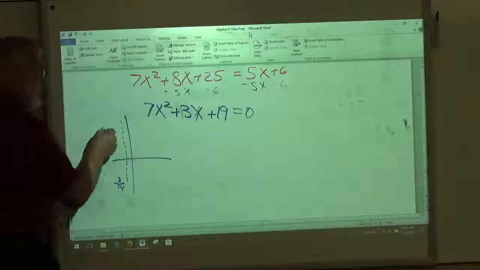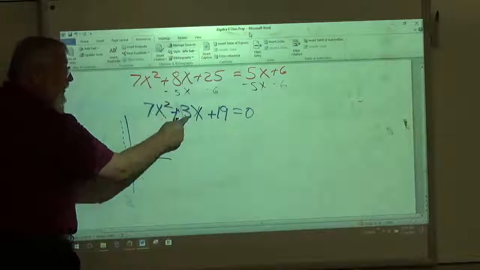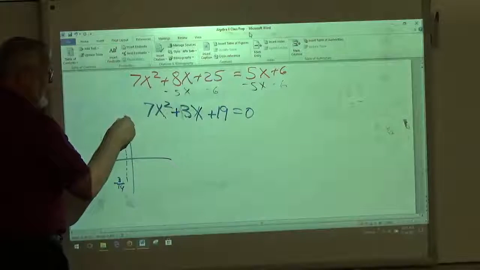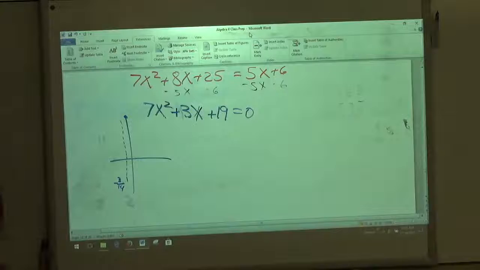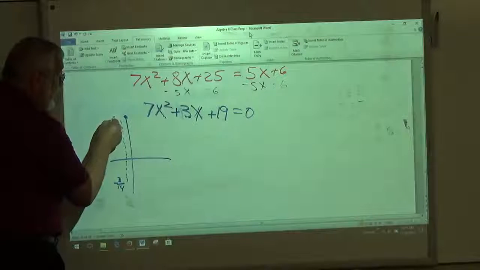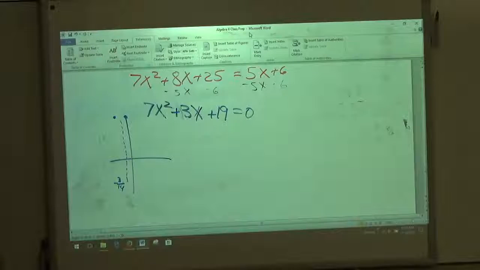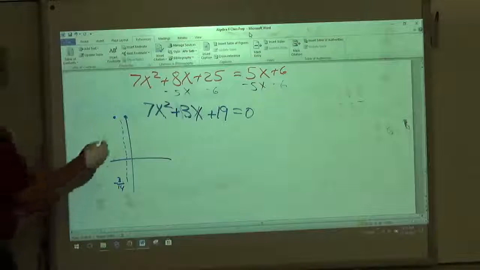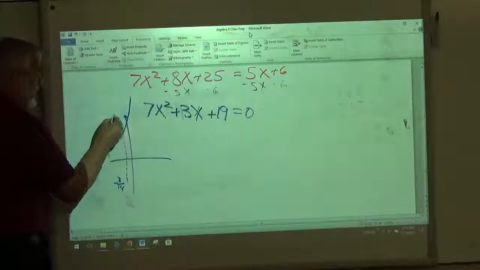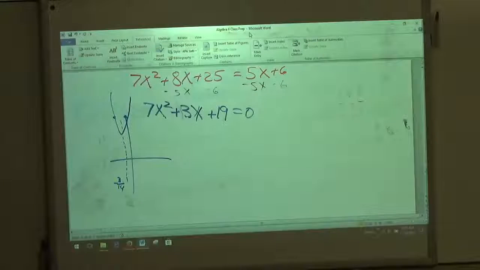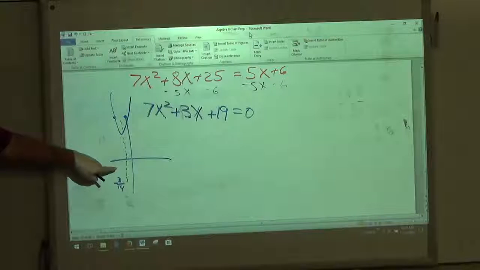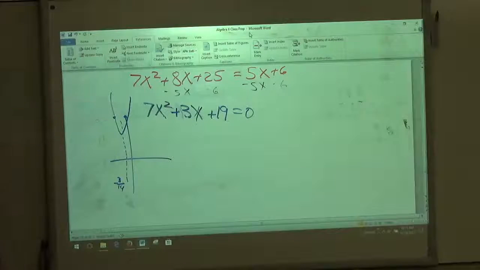Okay? And so now, if you have a 0 here, and you have plus 19, that means the other one's right here, because remember, these two are the same distance from the vertex, or from the line of symmetry. And so that means you're probably going to be like this. And as Clarissa said, it's impossible for it to have a solution because it's graphed way up high.